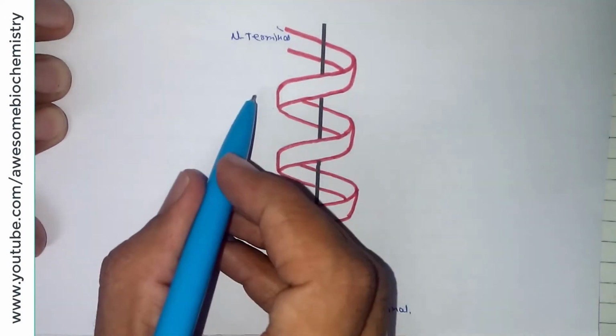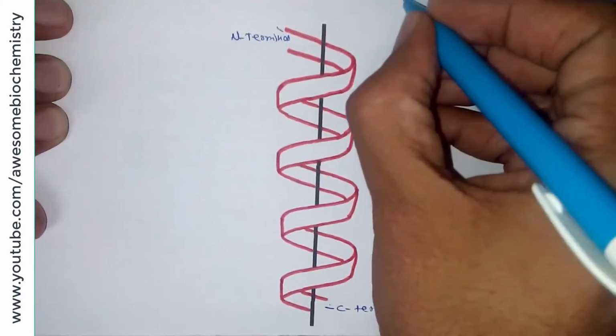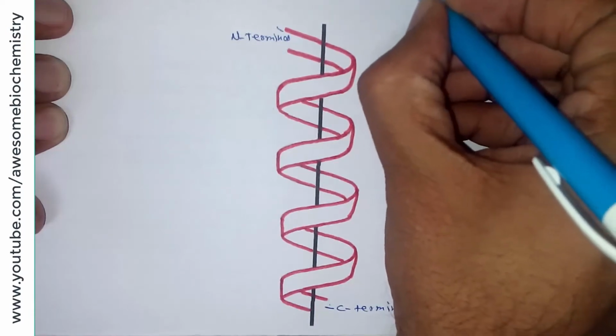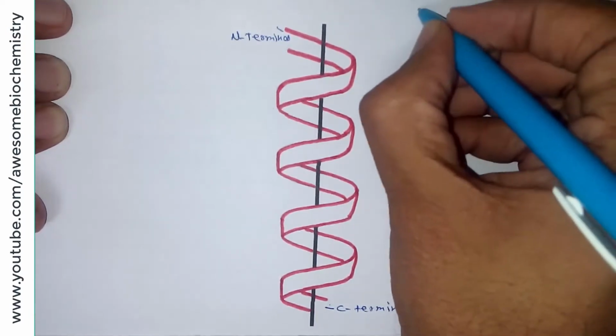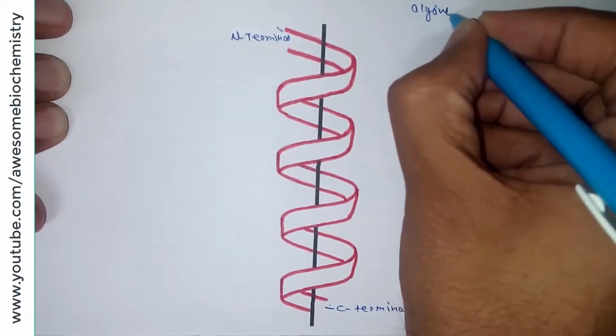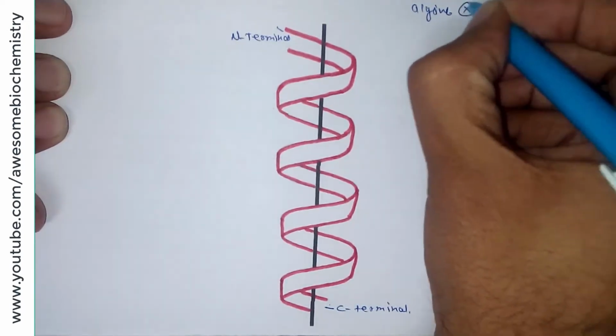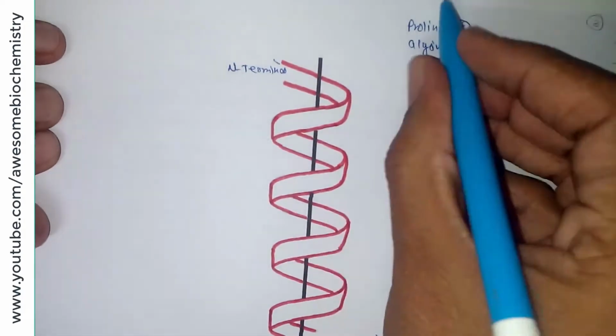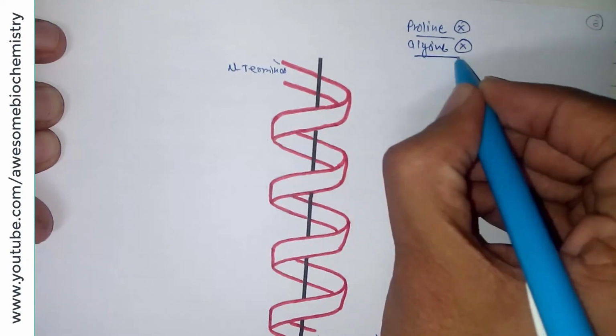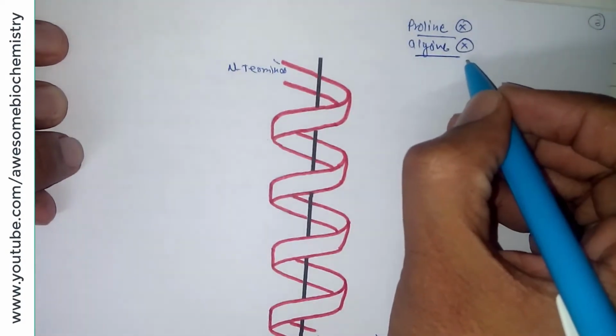Now, in this diagram, see, there is a proline and there is a glycine, which are never found in any alpha helix. Why is proline not found in the alpha helix and why is glycine not found in the alpha helix?